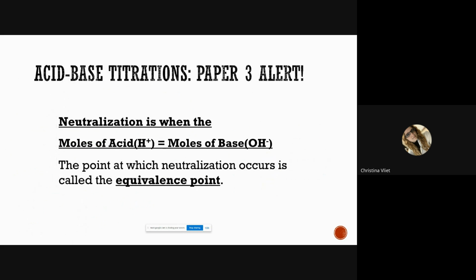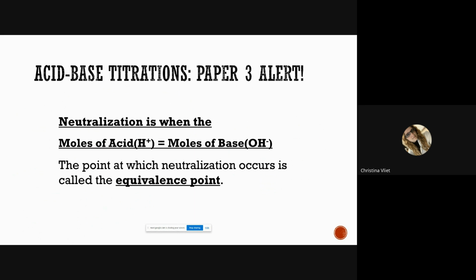So going into what we're going to be doing. In a titration lab, the first type of titration there is called an acid-base titration. And we'll be neutralizing an acid with a base or a base with an acid.